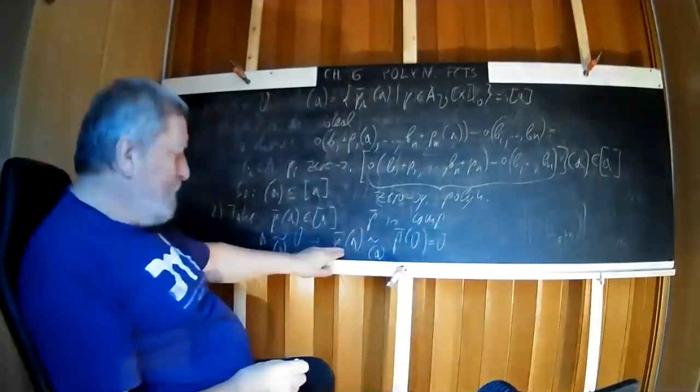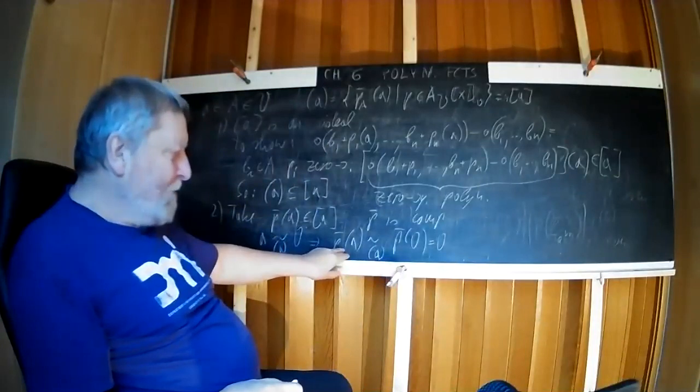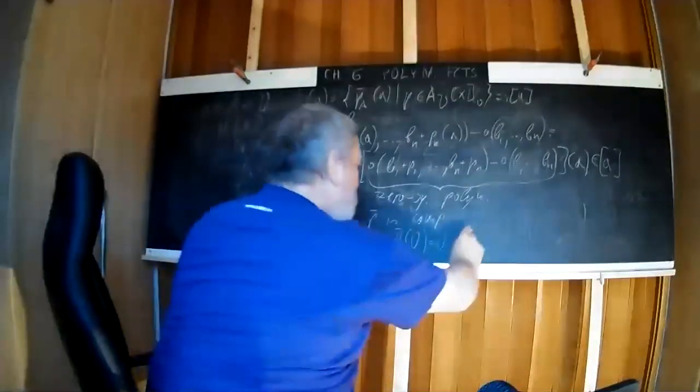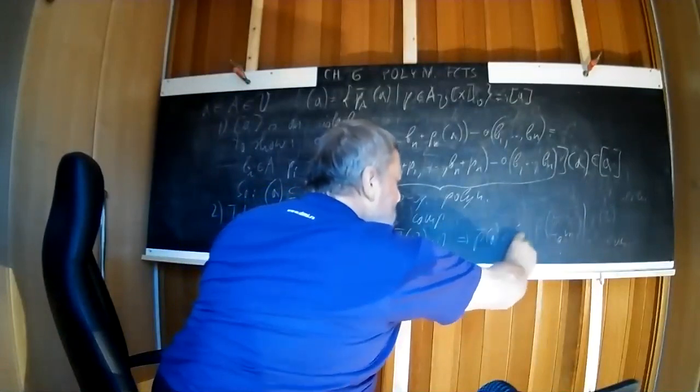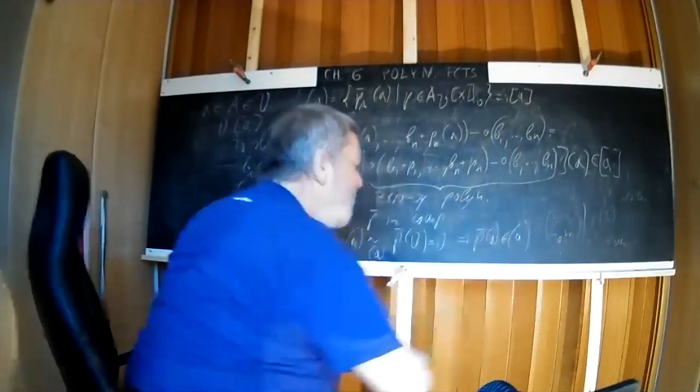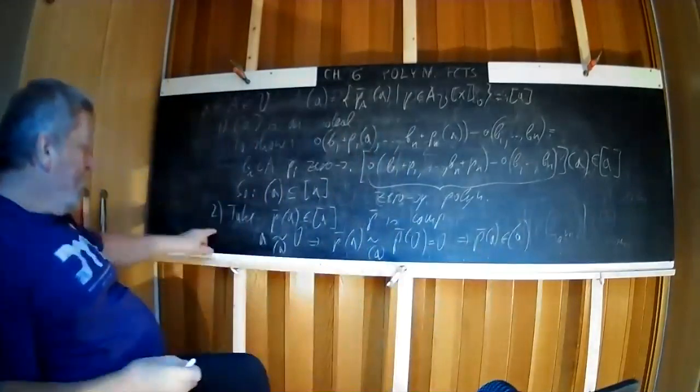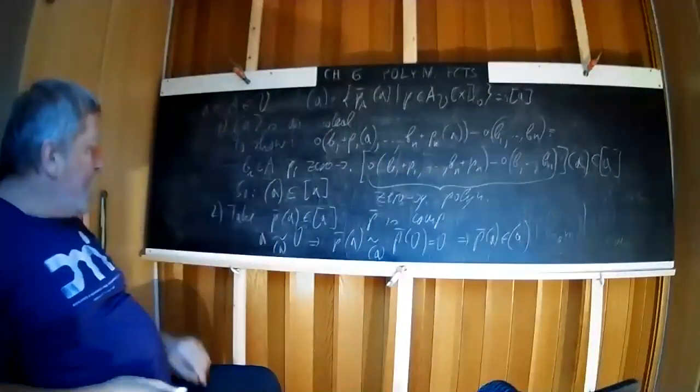And this shows p bar of A is equivalent to 0, which means p bar of A is back in the ideal generated by A. And now we have proven both sides.